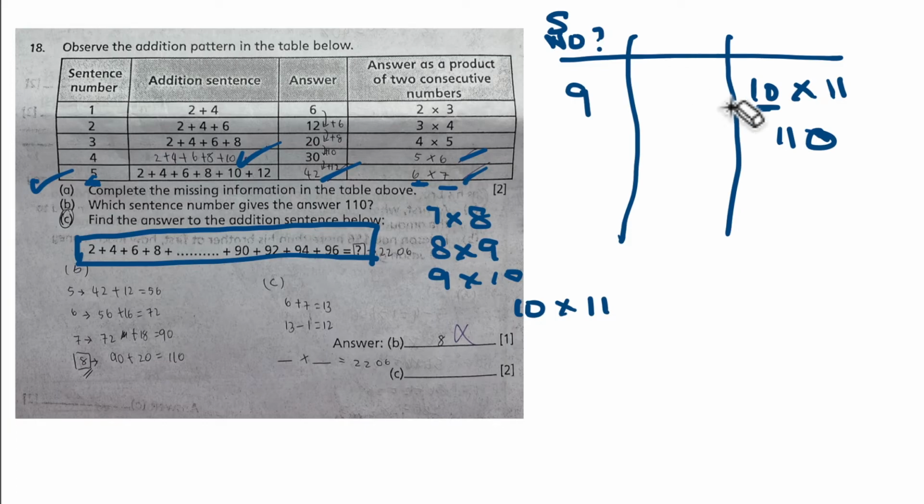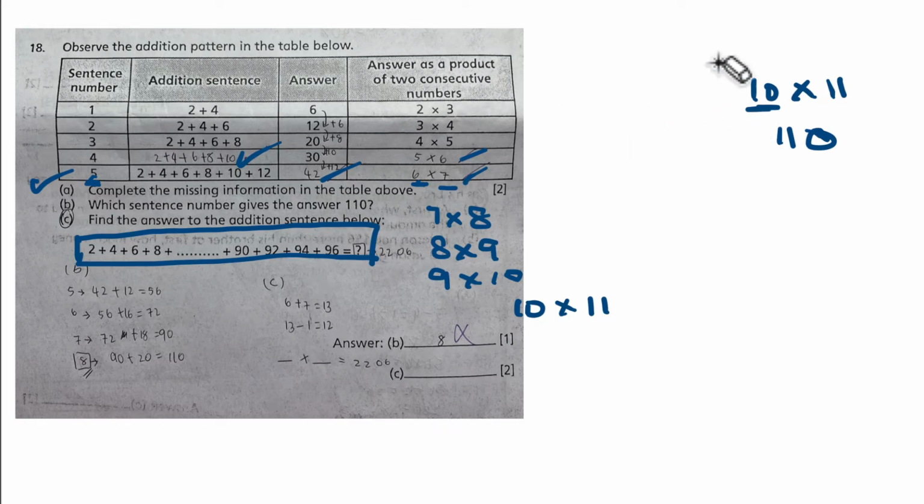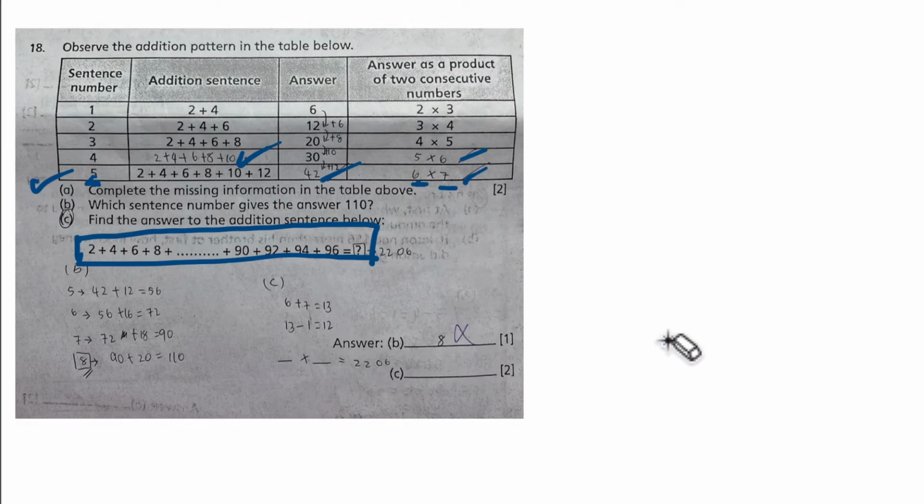I have to erase this. Okay. Let me just draw a staircase. So the first number is 2.